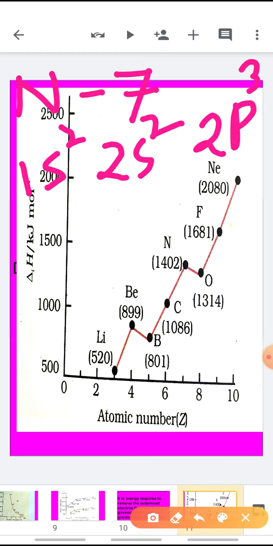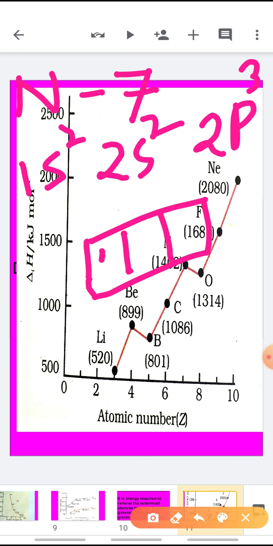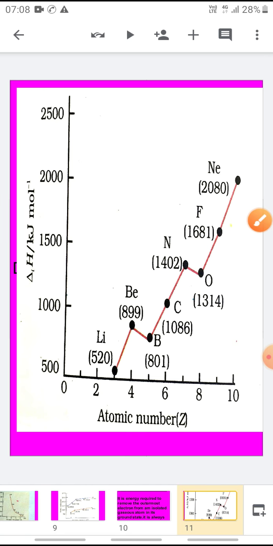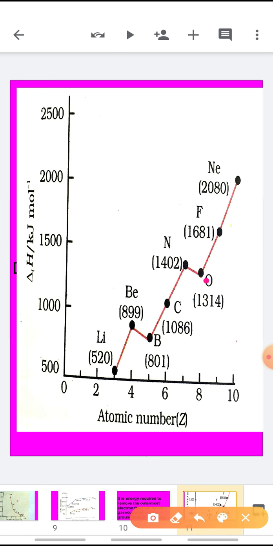That means in the p subshell, 3 electrons are there, 1, 2 and 3. This presence of 3 electrons in the p subshell makes it half filled, and half filled configuration is extra stable. Why is it stable? Because it has uniform distribution in all the orbitals, but singly filled, so it is extra stable. After that also it again follows the same trend.